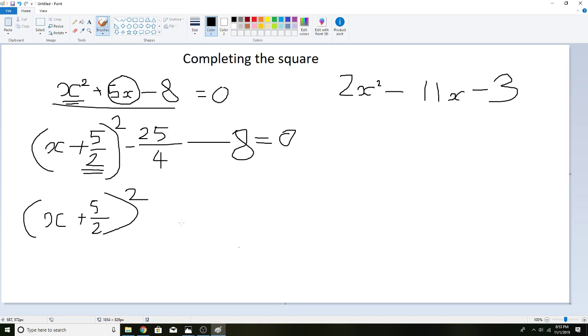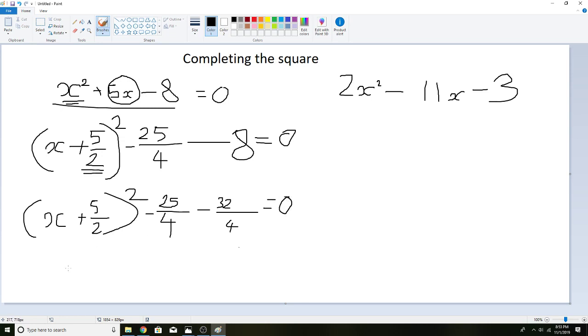And then basically, if we do 25/4, and then minus 8 times 4, it is 32/4 equals 0.